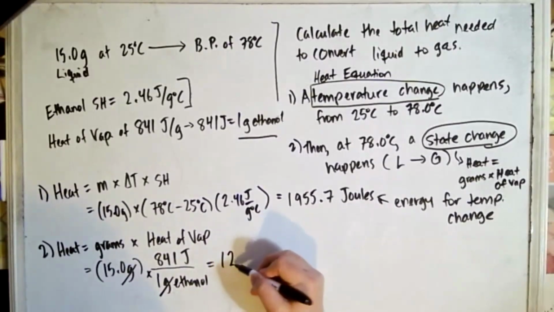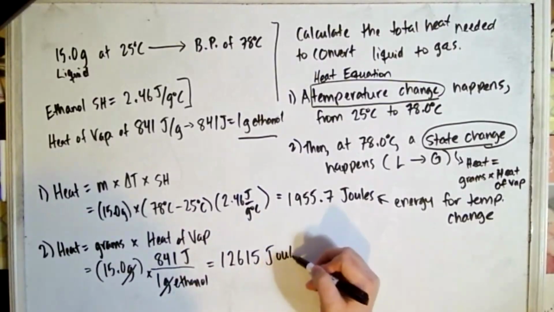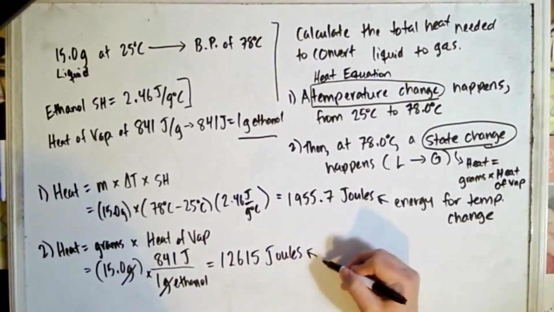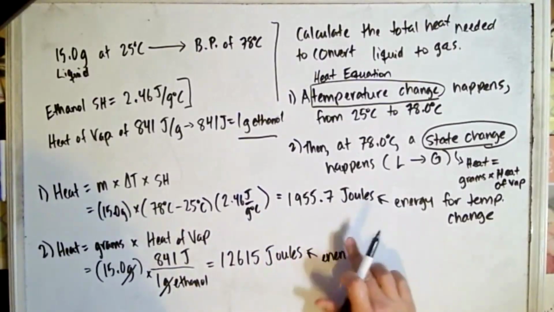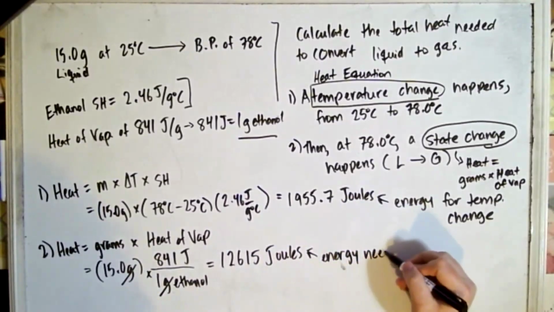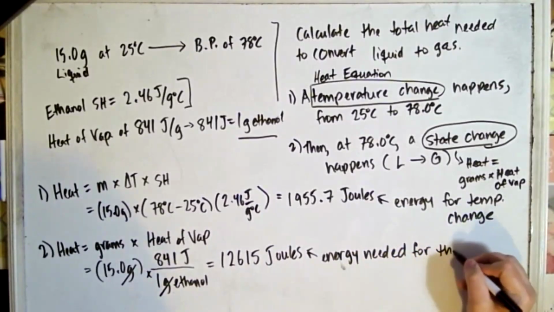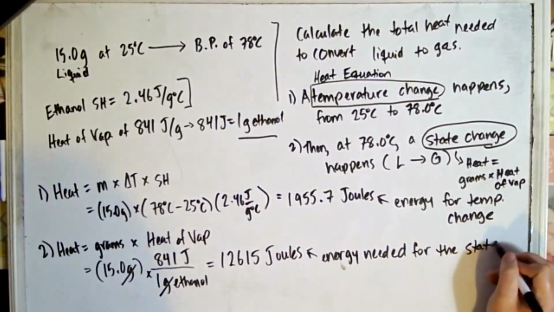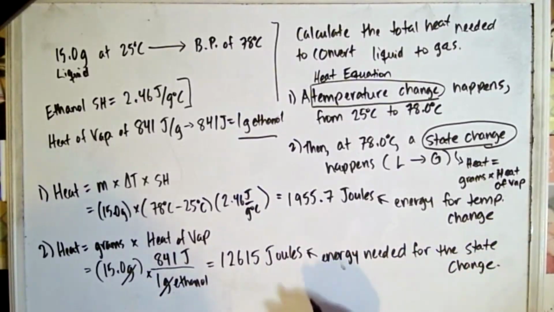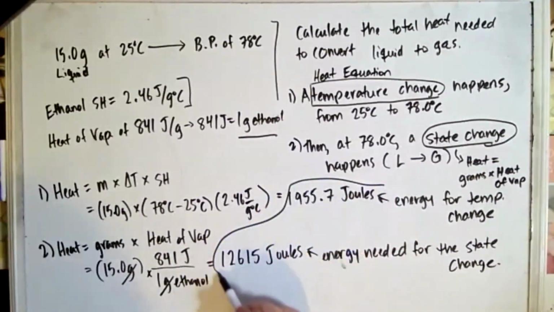And we get 12,615 joules. And this is the energy that's needed for the state change. And then our total energy is going to be to take these two numbers and add them together.